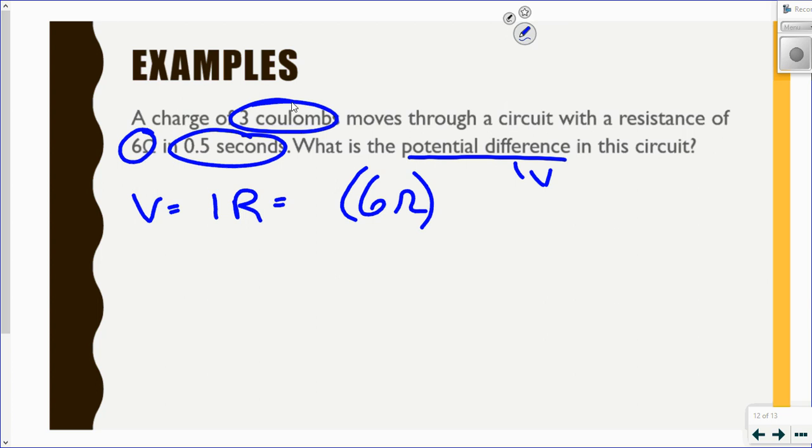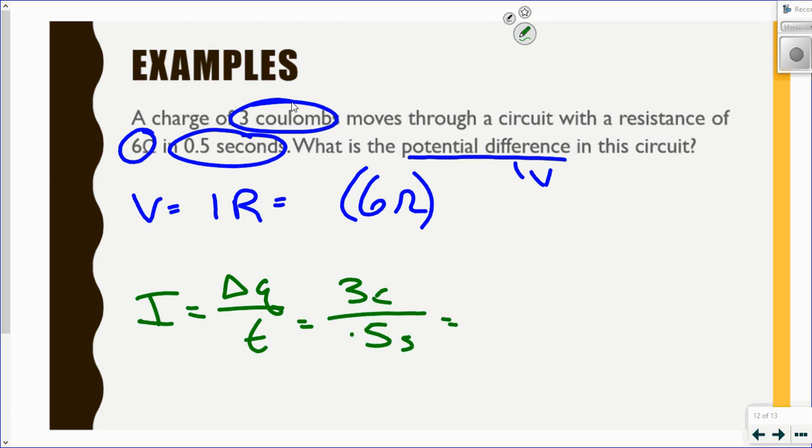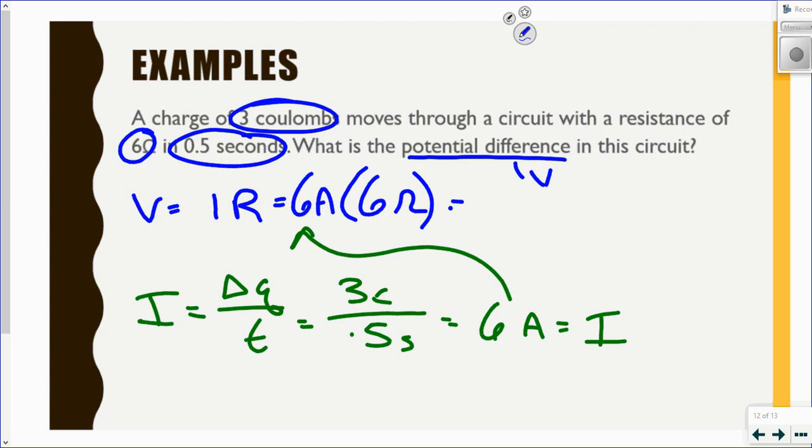I actually don't have current yet, but I do know that I can find current using our other knowledge that current is a flow of charge over time. So I know that we have 3 coulombs passing through every 0.5 seconds, which if I solve that out will give me a 6 amp current, which I can plug back into our equation, 6 amps, so that I can arrive at a 36 volt potential difference.